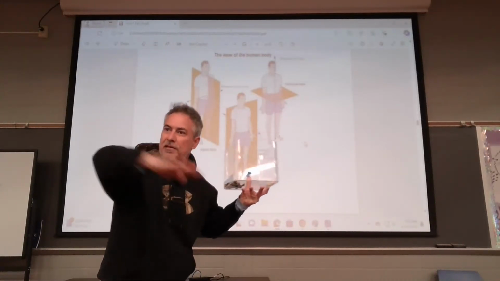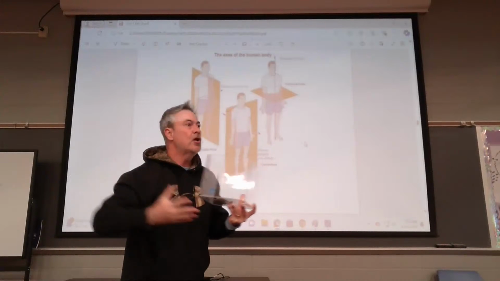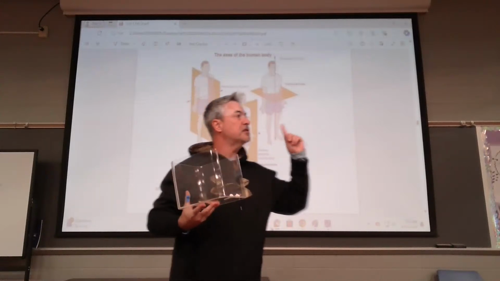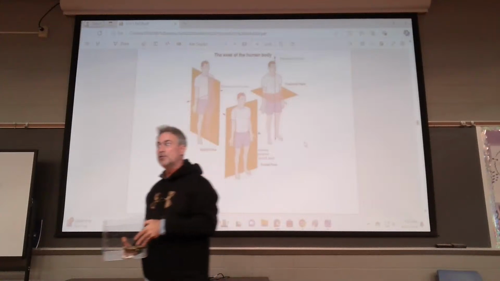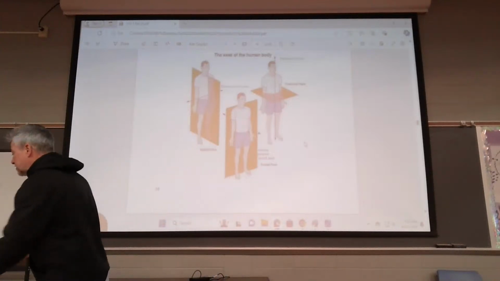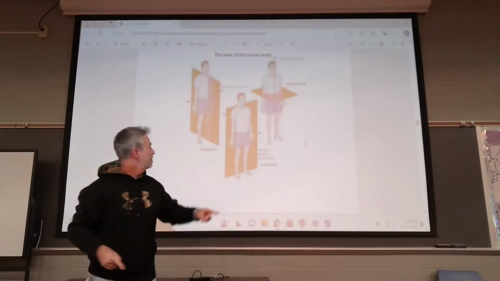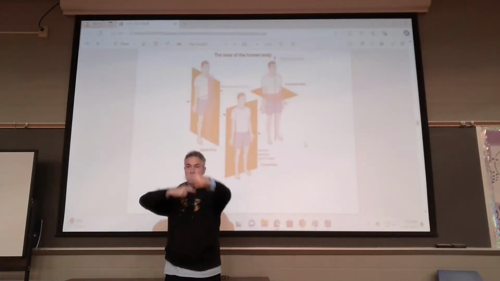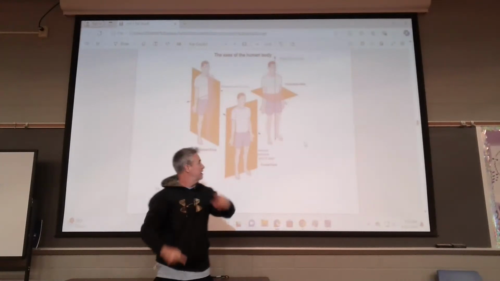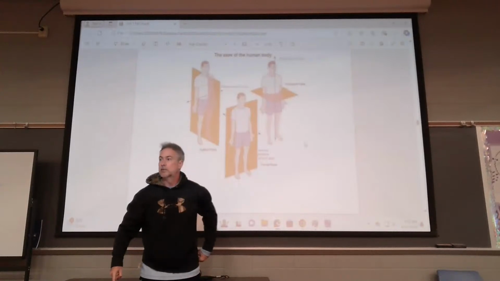Well, it's also moving in the transverse. You cannot isolate one slice of space for any linear motion. But what you can do is single out a slice of space for rotation. When this person spins like this, it's only in this slice of space.